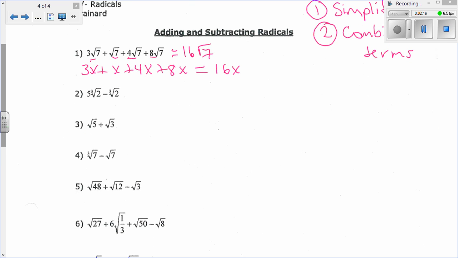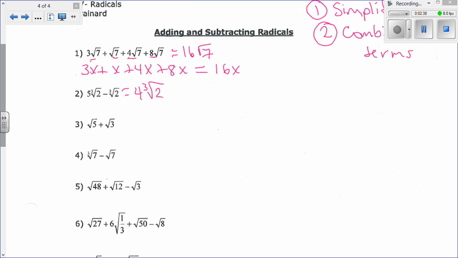All right, for number 2, these are cube roots, but they both are a cube root of 2, so we simply just, in this case, subtract the coefficients because it's a minus sign. So 5 minus 1 is 4 cube root of 2.